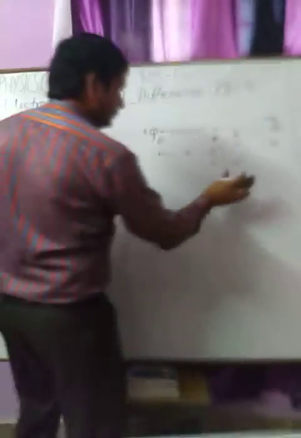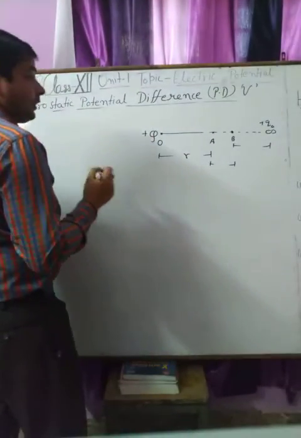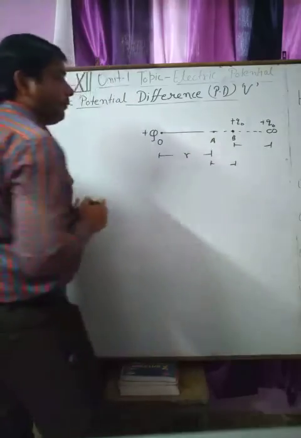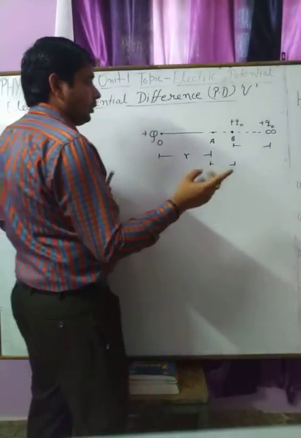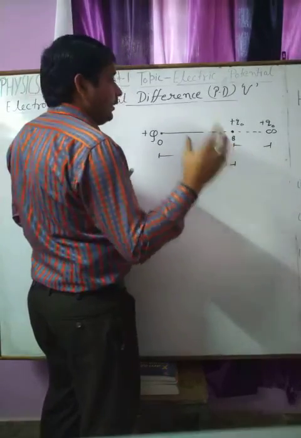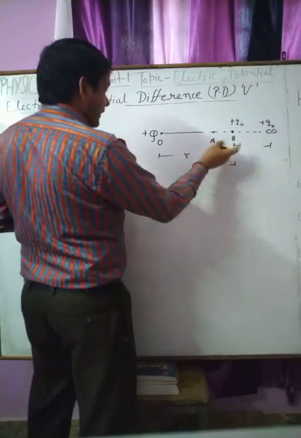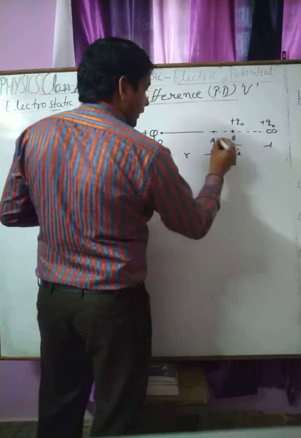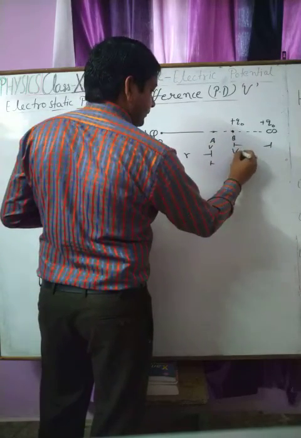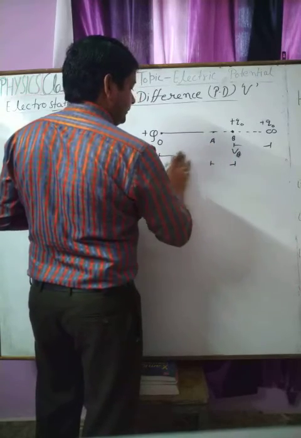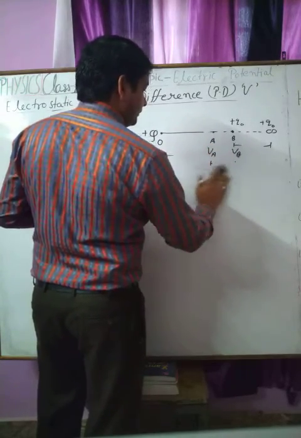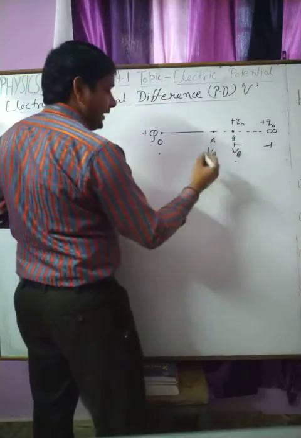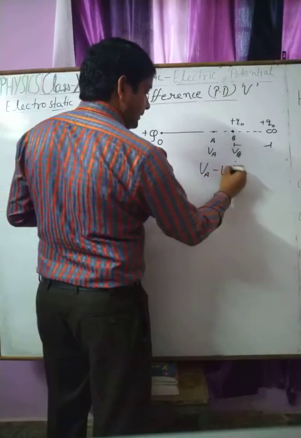Now, when a positive charge is carried from point B to point A, and we have done work against this positive charge, then the potential at point A is VA and the potential at point B is VB, which gives the value of the potential difference VA minus VB.